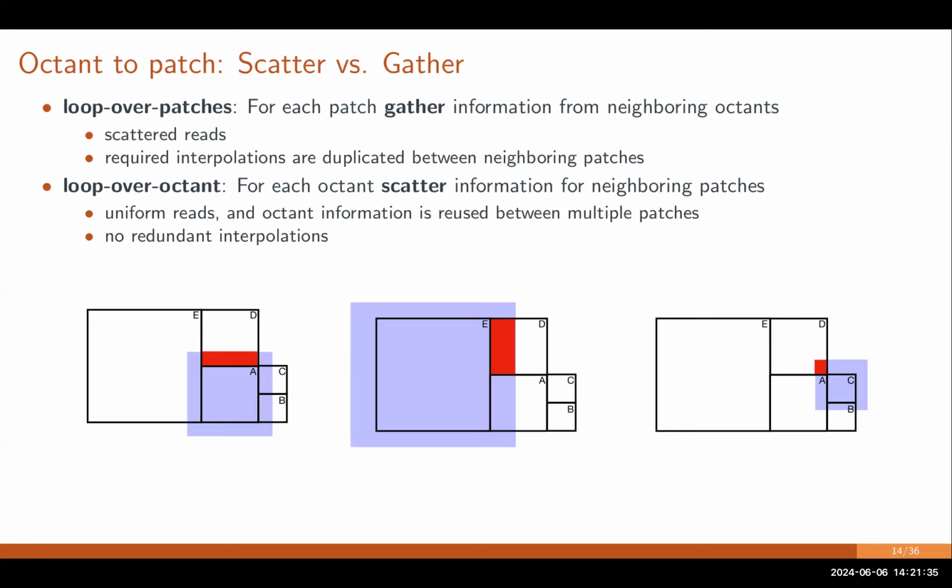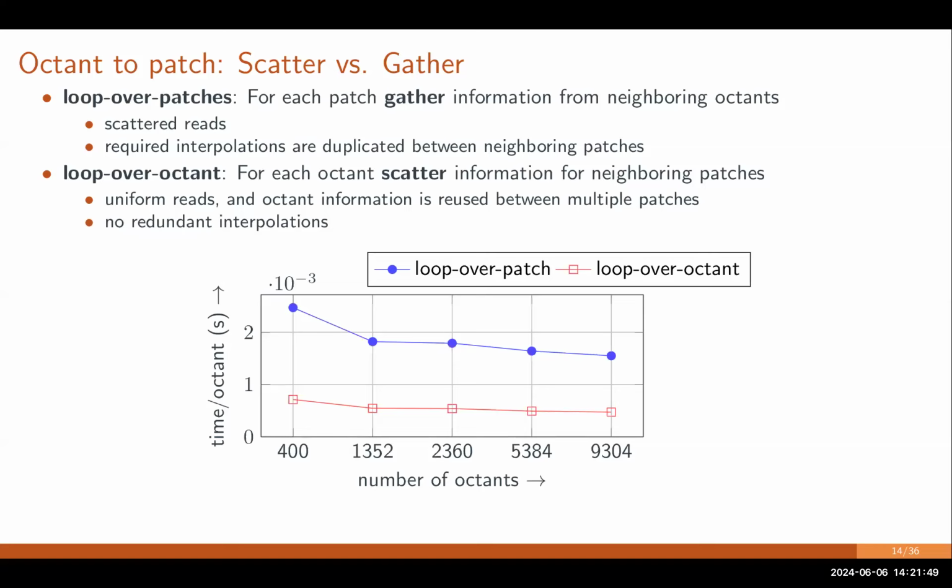This is what we found for the GPU: looping over the octants and scattering their information to the required patches is more efficient. So we did an experiment comparing the two approaches, for number of octants and time per octant to do this octant to patch computation. You can clearly see that looping over octants is faster at filling these buffer zones than looping over patches.